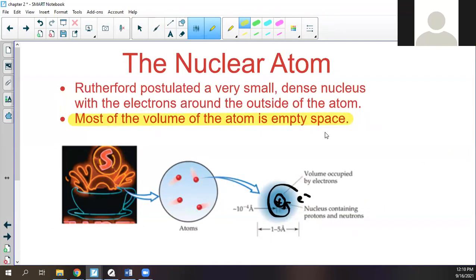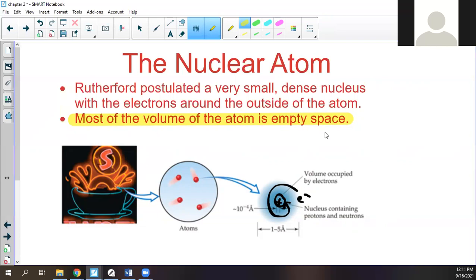When I was in high school, and this isn't perfectly accurate, my chemistry teacher took us out to the football field and he put a dime at the very center of the field. And then he made us line up in the end zone. And he said, if this is the size of the nucleus, you guys are about where the electron is located. And it turns out it's actually a lot farther than that.